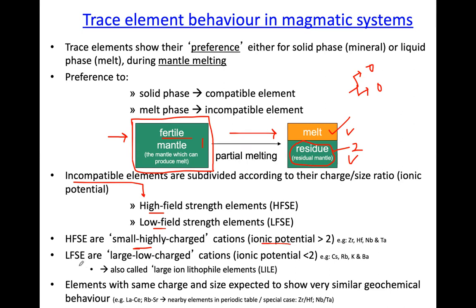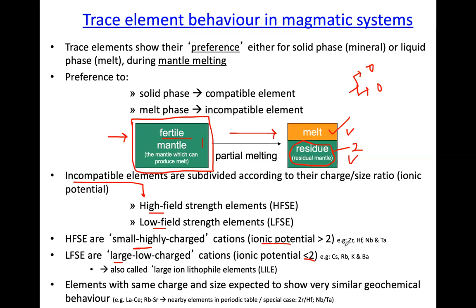Typically. And low field strength elements are large. Their ionic radius is big, but their charge is low, right? So these are called large, low-charged cations, whose ionic potential is less than 2. 2 is the determining factor for these two categories. Above 2 and below 2 are considered as the limit, right?